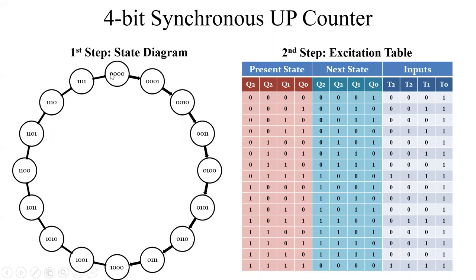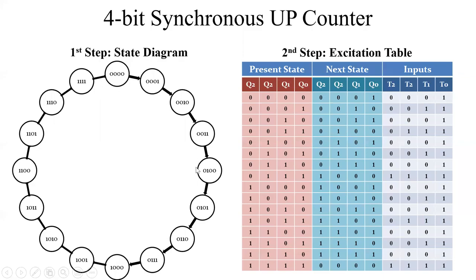Here, for 4 flip-flops, the 4 outputs' starting value is, for example, consider 0, 0, 0, 0. If all the outputs are 0, then the combined value, the weight of the counter, is 0. After 0, the next count is 1, then 2, 3, 4, 5, 6, 7, 8, 9, 10, 11, 12, 13, 14, 15.